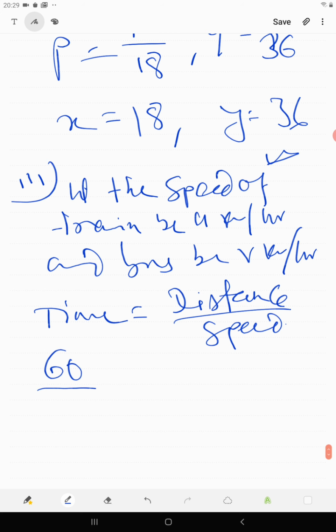How much time she is taken by bus? 60 by u. This is the time taken by train. To cover 60 kilometer, the time taken is 60 by u. Now to cover 240 kilometer by bus, the time taken is 240 by v. And the whole time, if you are adding both the time together, it is 4 hours.